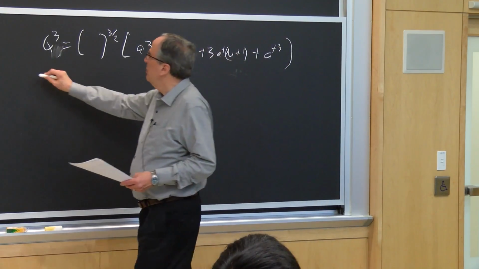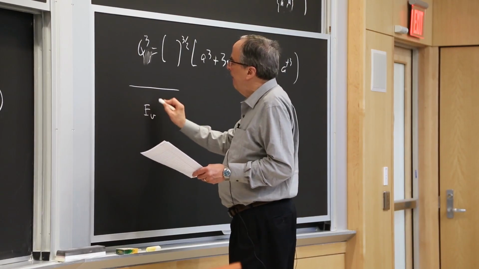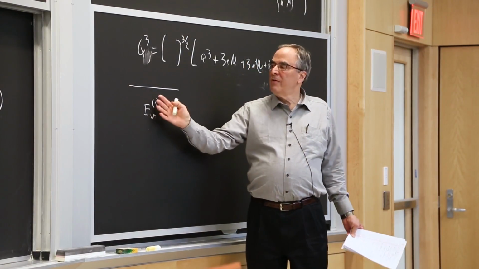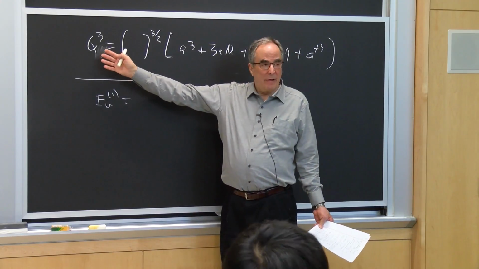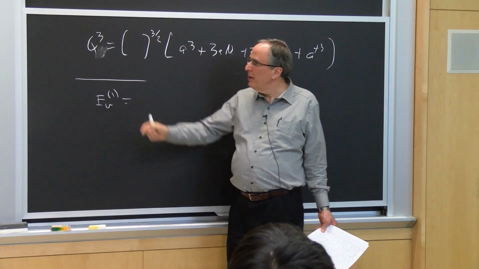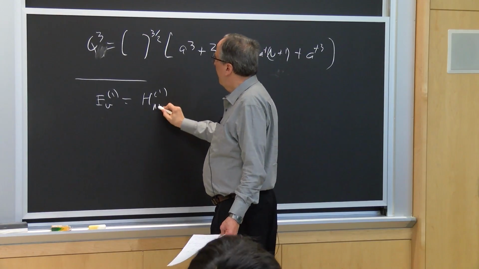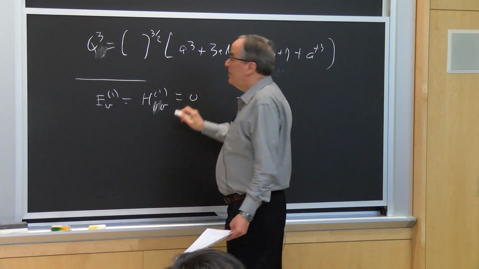And now we start doing non-degenerate perturbation theory. The first thing you want to know is, what is the first order correction to the energy? If this is q to the 3rd power, then that's 0.